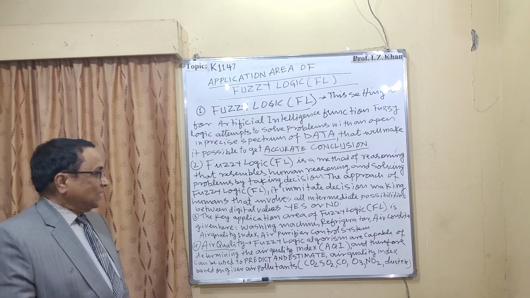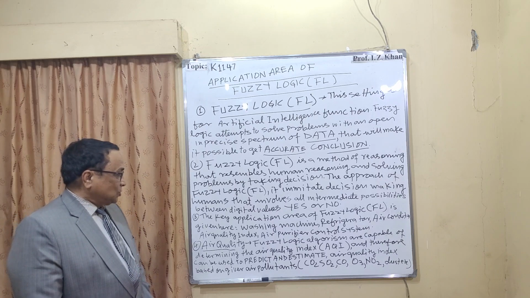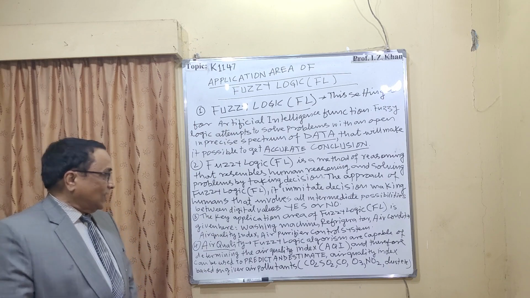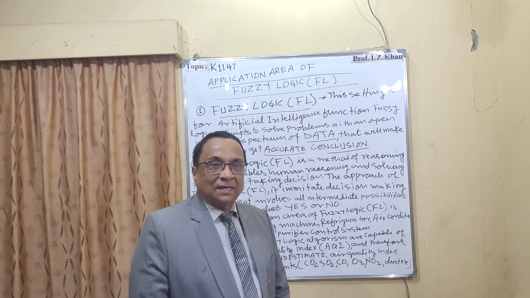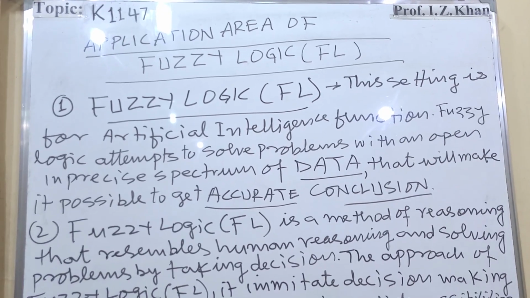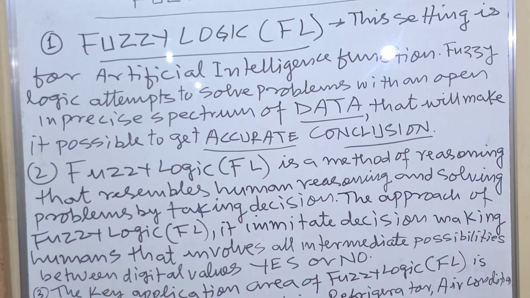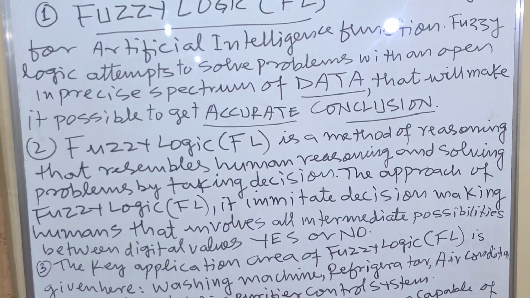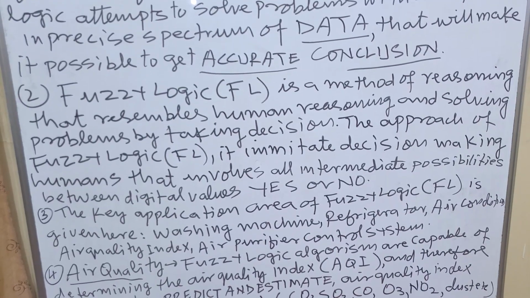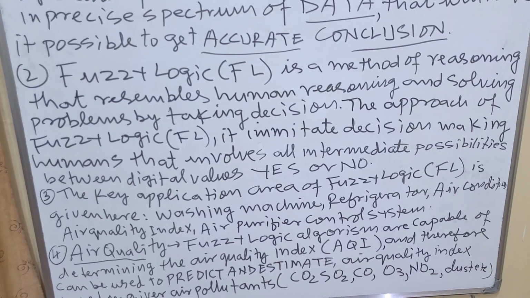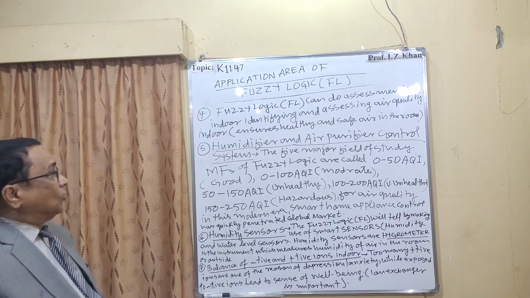So the fuzzy logic algorithms are capable of determining the air quality index, that is AQI, and therefore can be used to predict and estimate the air quality index based on given air pollutants: CO2, SO2, CO, ozone, nitrous oxide, etc. So here number 4 in continuation.